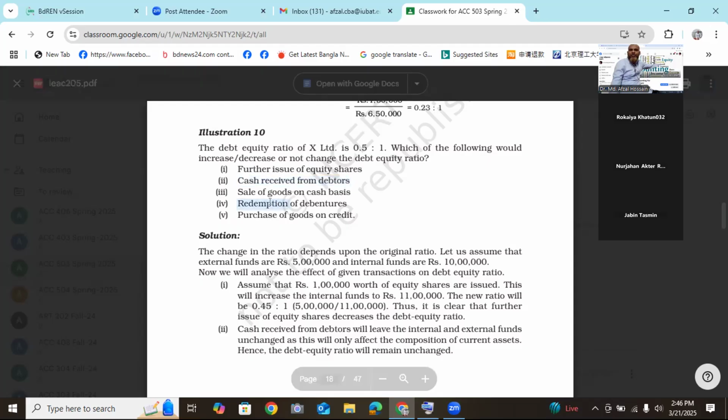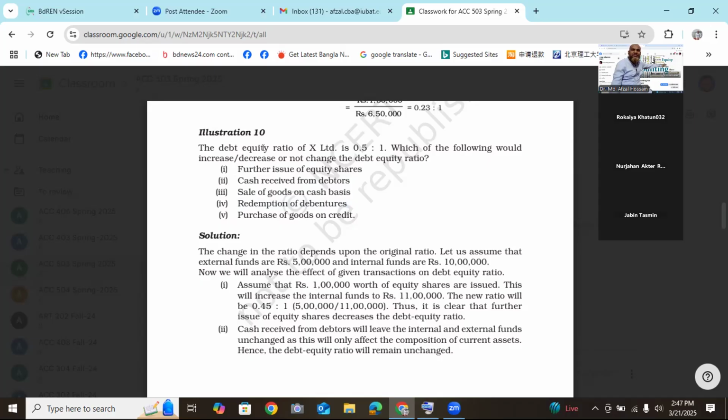Now, redemption of debentures. Will this increase or decrease the debt equity ratio? If there is redemption of debentures, that means you pay the debenture amount, so your debentures decrease. That means debt decreases.